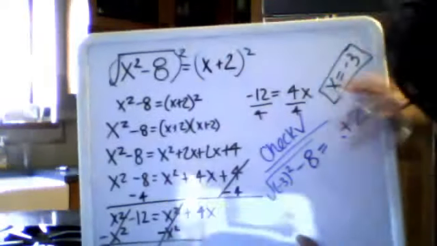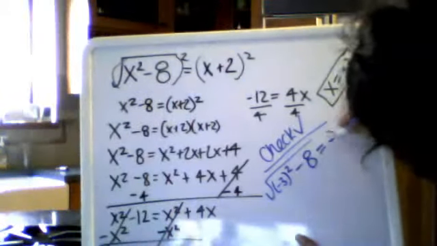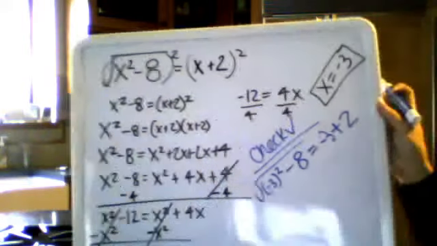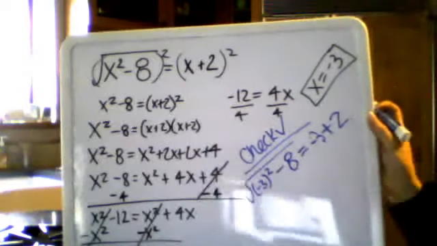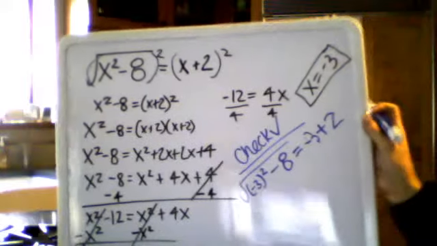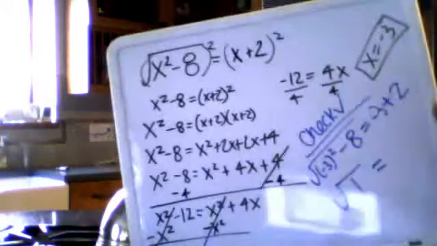So you have your negative 3 back in there. Negative 3 squared will get you 9. Minus 8 will be under the radical of 1, equals negative 3 plus 2, which is negative 1.